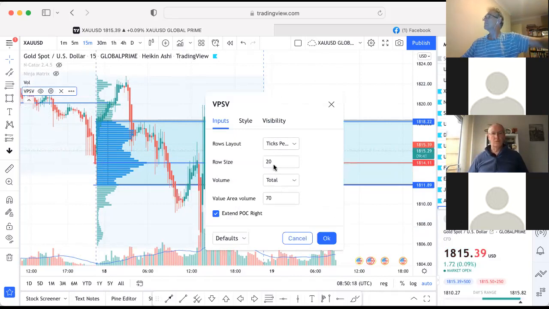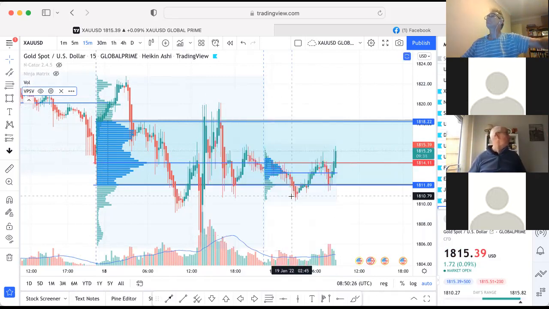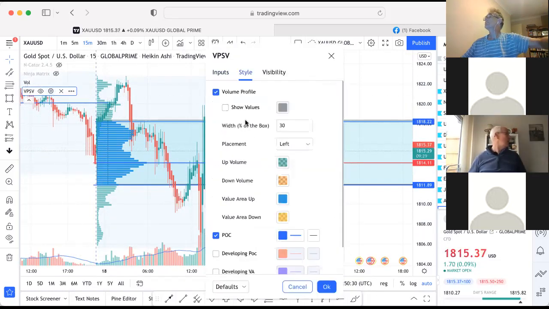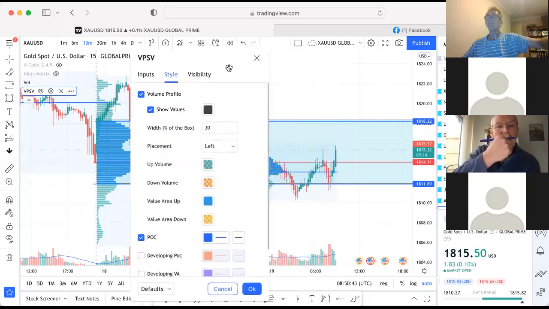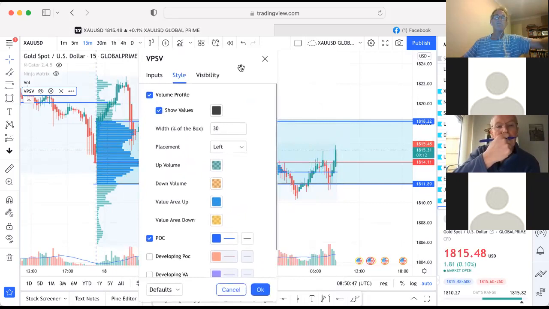So we've gone through the inputs, very much a question of personal preference. And if we go on to style, okay, so if you want to see the values, now where are the values?